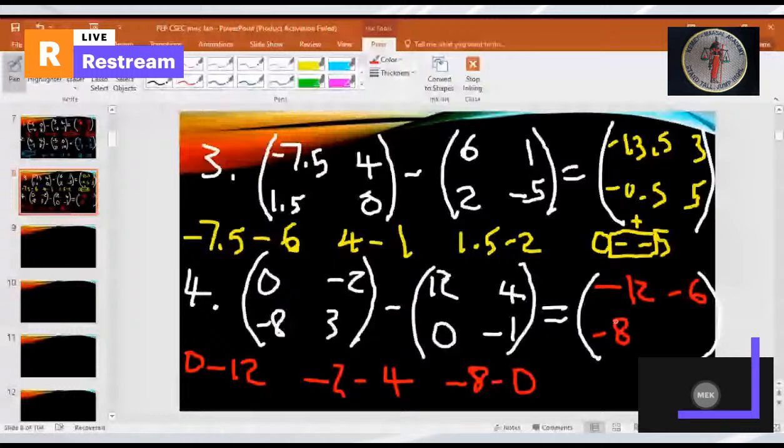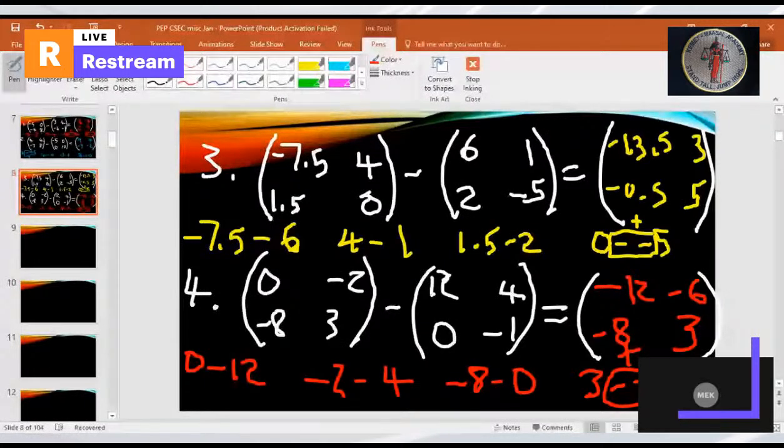And then we have 3 minus negative 1. The minus negative is a plus. So that's the same as 3 plus 1, which is 4. That's it for addition and subtraction of matrices.